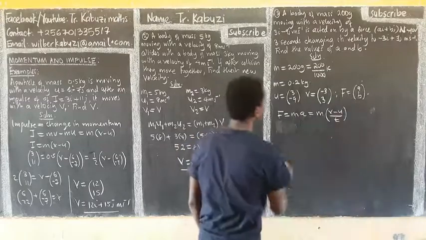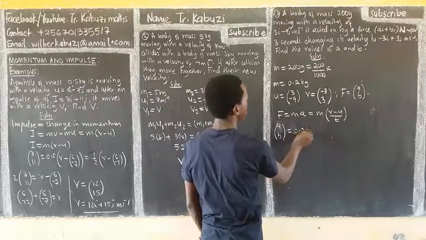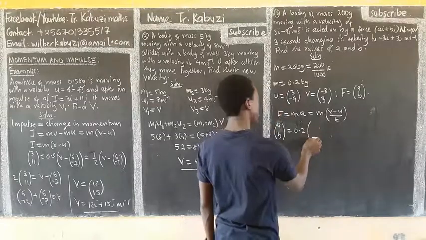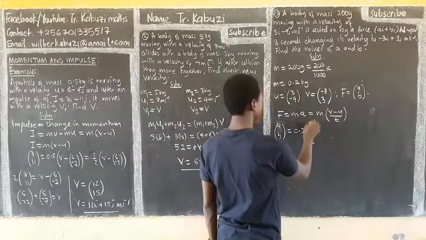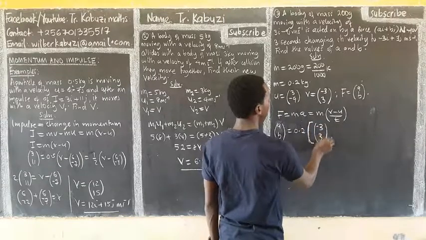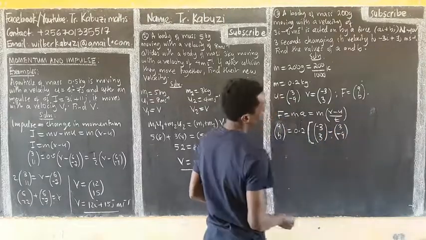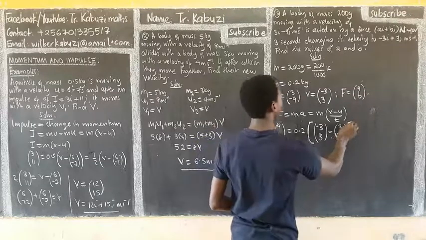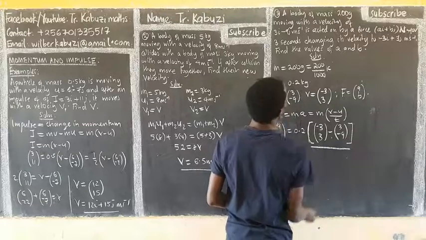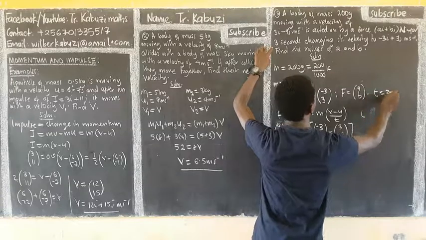My force is equal to the mass 0.2 into, let me use square brackets, my v, which is −3, then minus my u, which is (3, −9), the whole divided by t, which is 3 seconds.